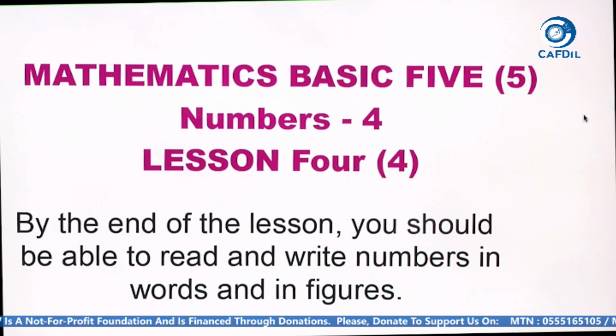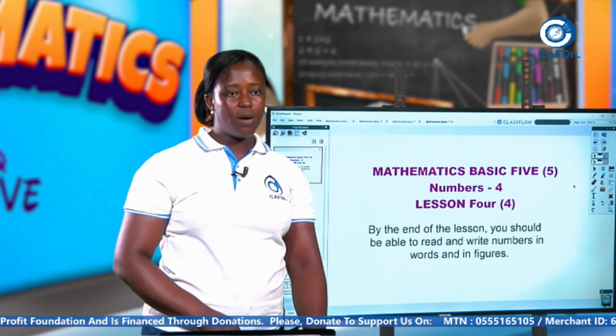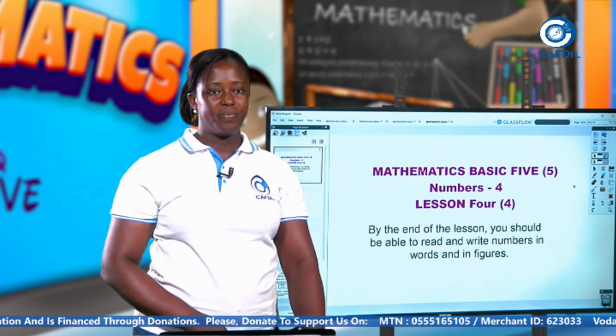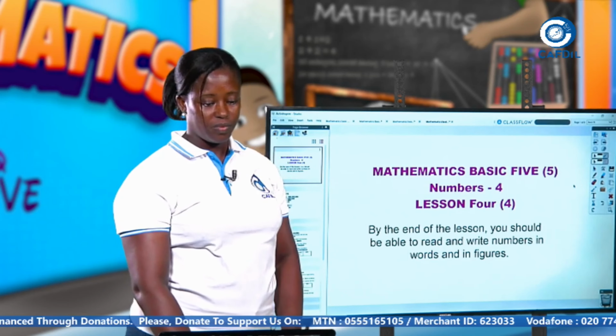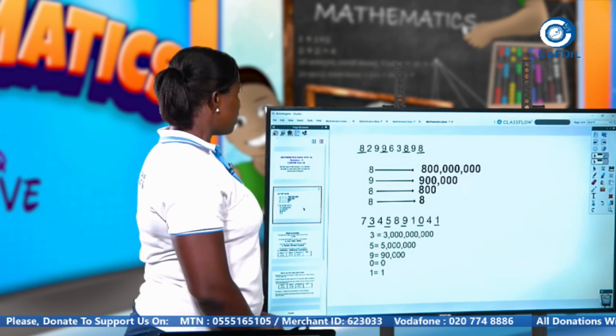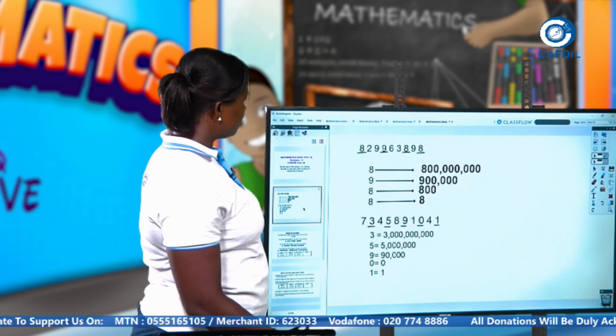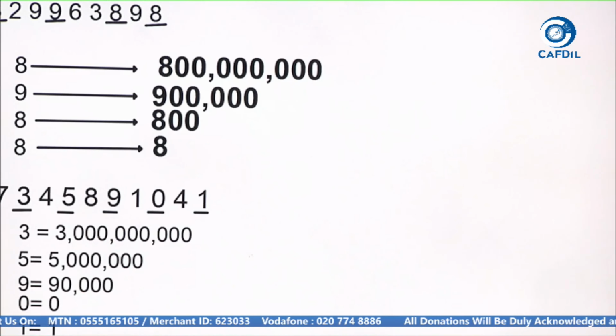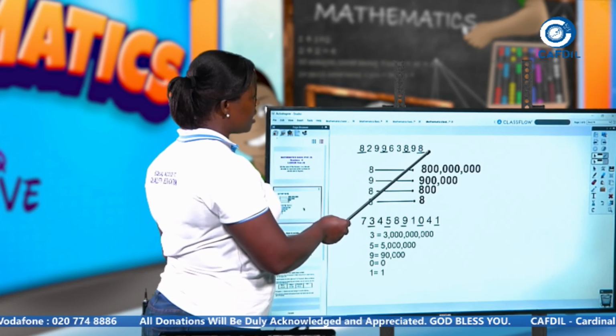Before we start, I want us to go through the previous homework. Let's look at the answers. You were asked to find the value of the underlined digits. We had 8, 9, 8, and then 8.